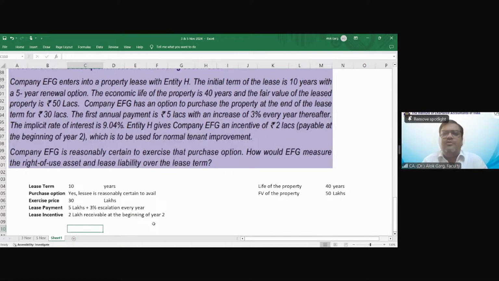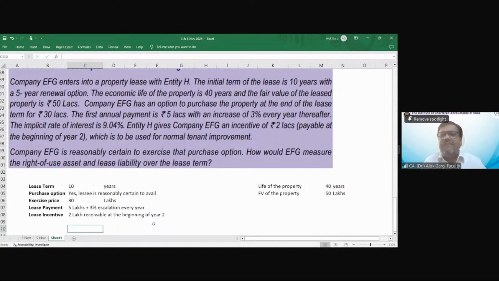So what do you assume? If the question is silent, and you have to assume whether it is an advance rental payment or an end of the year rental payment, what would you like to assume? Advance. Why? Because incentive is also coming at the beginning of the year.